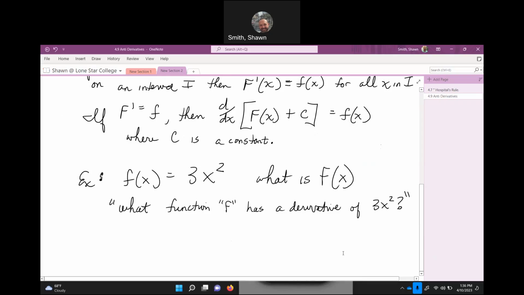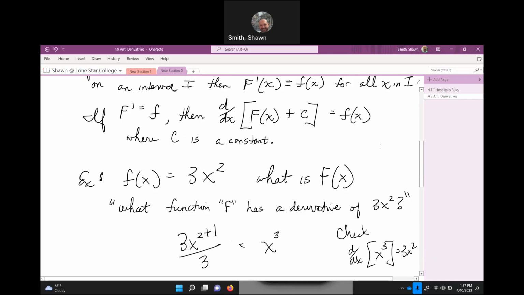So all you have to do is keep whatever you see there. If I say 3x squared, I'm going to add 1 to the exponent and then divide by the new exponent. This is x cubed, right? What's the derivative of x cubed? 3x squared.